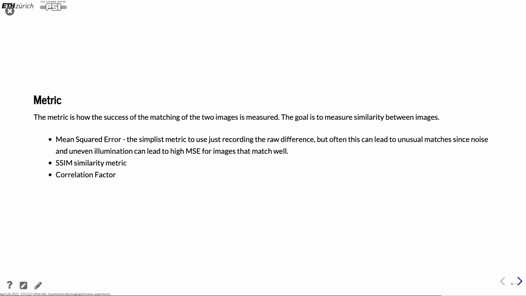Mean squared error is easiest to compute, but it may not be so exact to do the match. And then we have structural similarity metric or correlation factors. So we have a collection of different metrics, and in the end, you probably have to experiment and see which one makes most sense for your application.